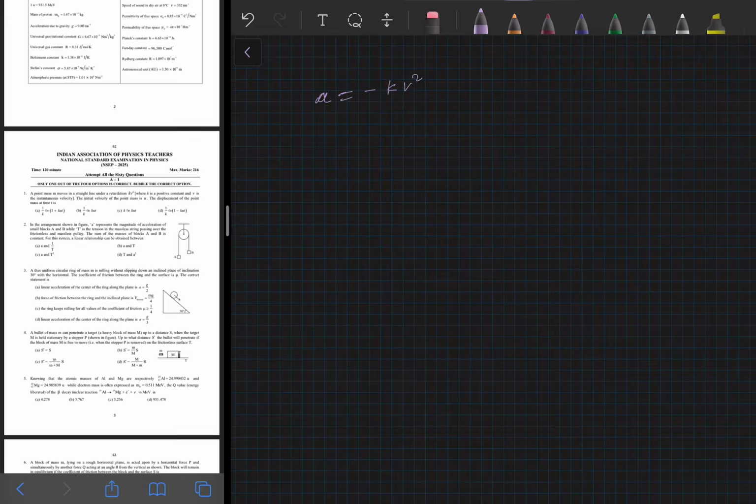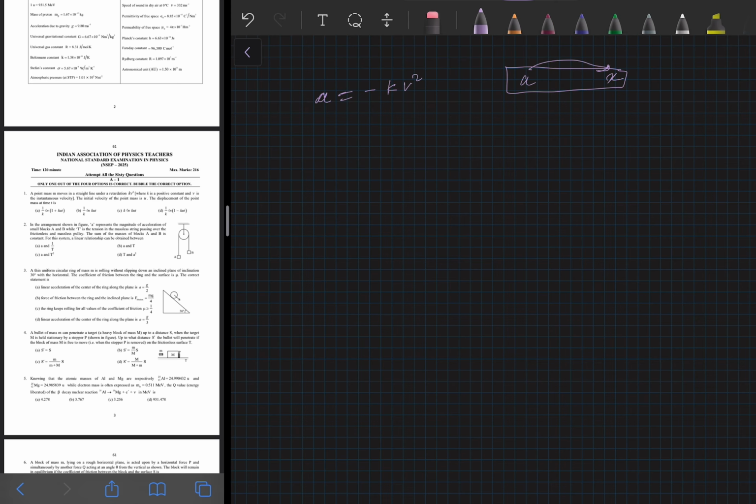Since it's told that it's a retardation, we are using the negative sign, and we have to figure out the displacement. So we have to go from acceleration to displacement. I'll denote displacement with x.